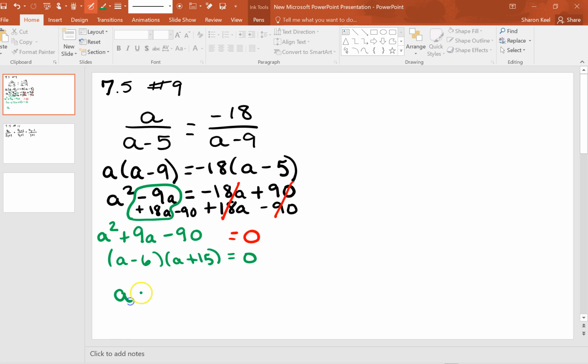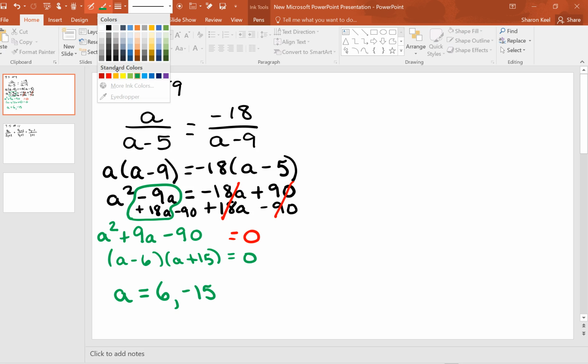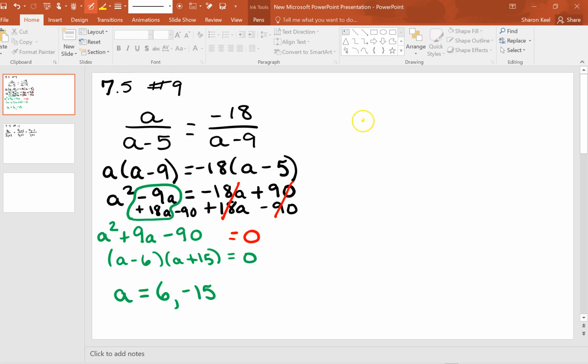So to get our two solutions, what would make the first parenthesis equal to 0? A positive 6. 6 minus 6 would be a 0. What would make this parenthesis a 0 would be, since this is adding 15, negative 15 plus 15 would be equal to 0. The only other thing I have to pay attention to is I need to ask myself, what would make this expression undefined?